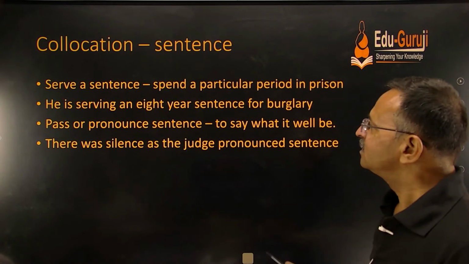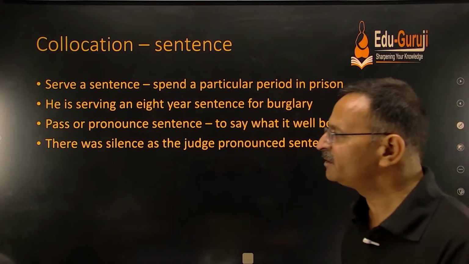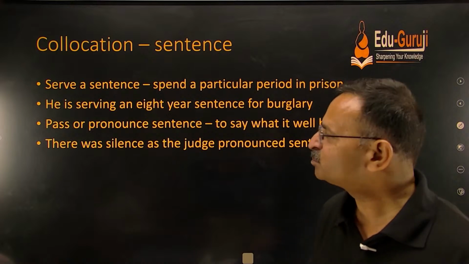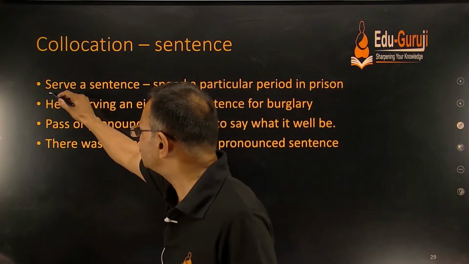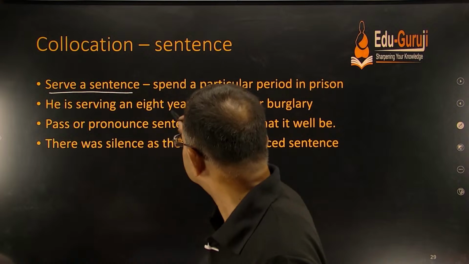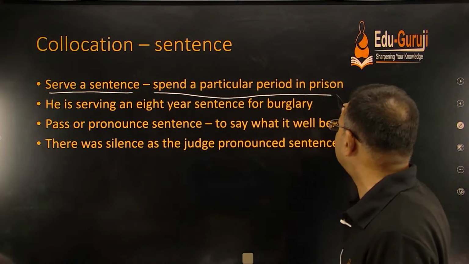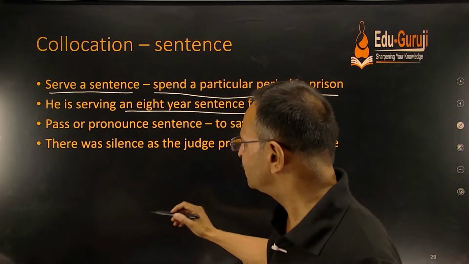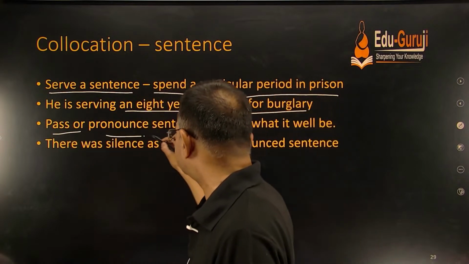Let's see what are the collocations that we normally use with sentence. This is again important from your examination point of view. We always use serve a sentence. It means to spend a particular period in prison. He is serving an 8-year sentence for burglary. Then pass or pronounce sentence.